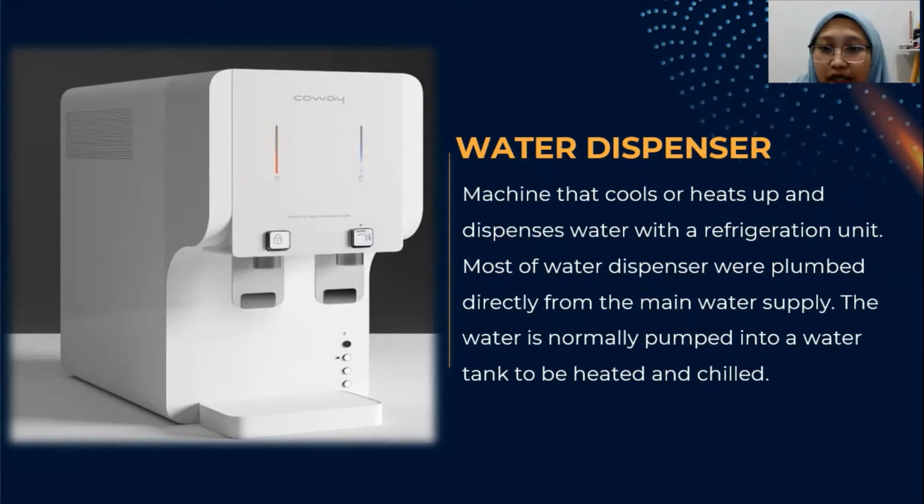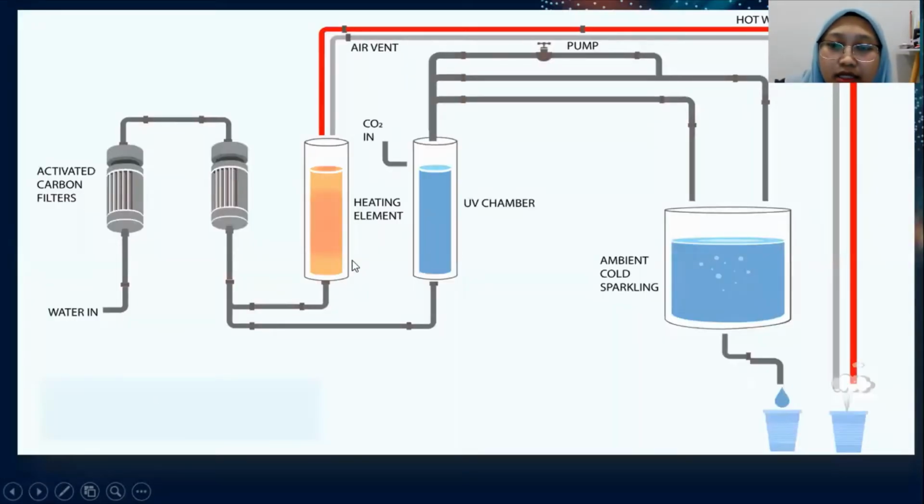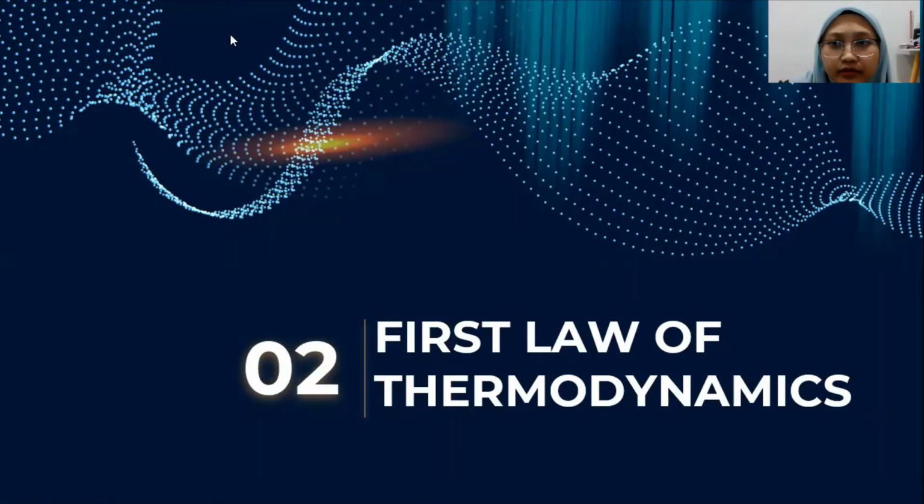When it is directly supplied by the main water, the water will always be available. This is an example of the flow in a water dispenser. I will pass to the next presenter, who will explain how this flow relates to the thermodynamic laws.